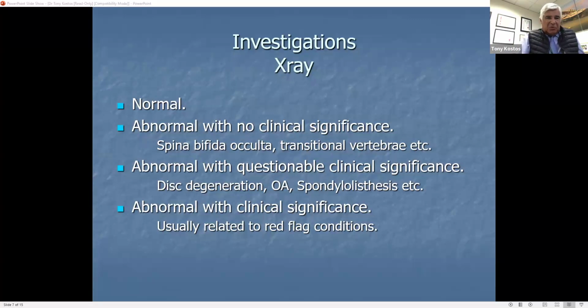We can see abnormal findings with questionable clinical significance. In other words, if you X-ray people my age, we've all got disc degeneration and osteoarthritis.